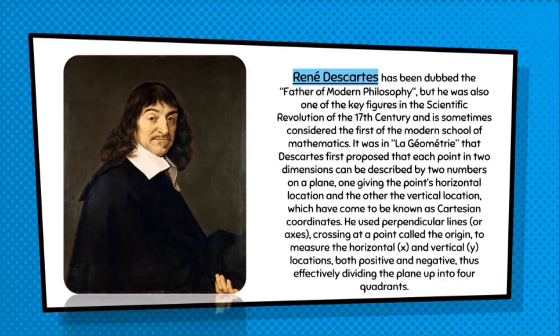He used perpendicular lines or axes crossing at a point called the origin to measure the horizontal or the x and the vertical y locations, both positive and negative, thus effectively dividing the plane up into 4 quadrants.